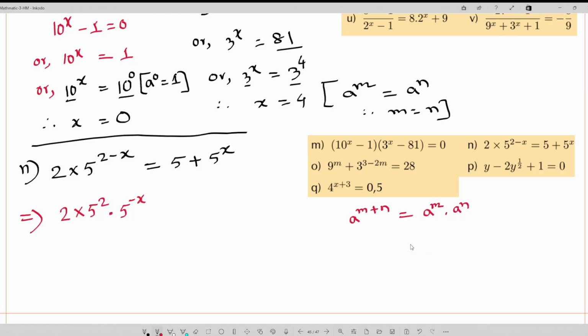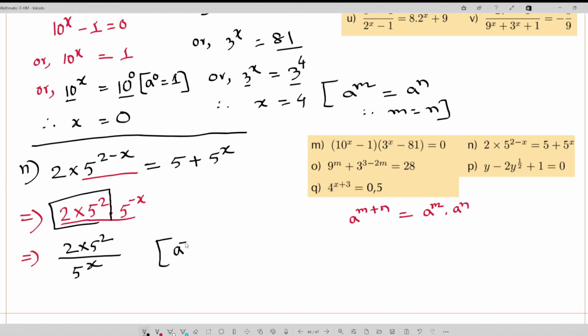This is one rule of exponents. Similarly, here is 5 to the power 2 minus x, so we write 2 times 5 square, and this one is a negative exponent, so we can write 1 over 5 to the power x, because we also know a to the power minus n means 1 divided by a to the power n.